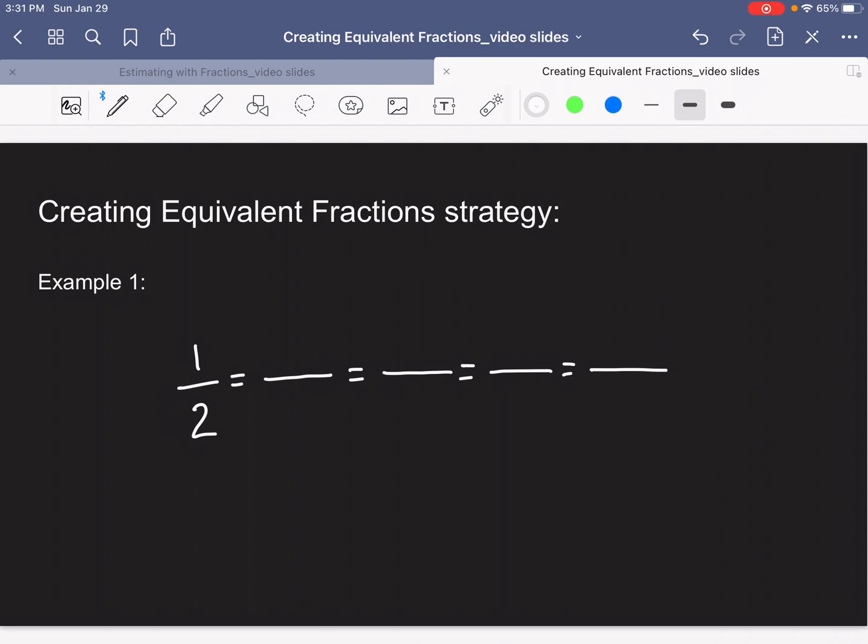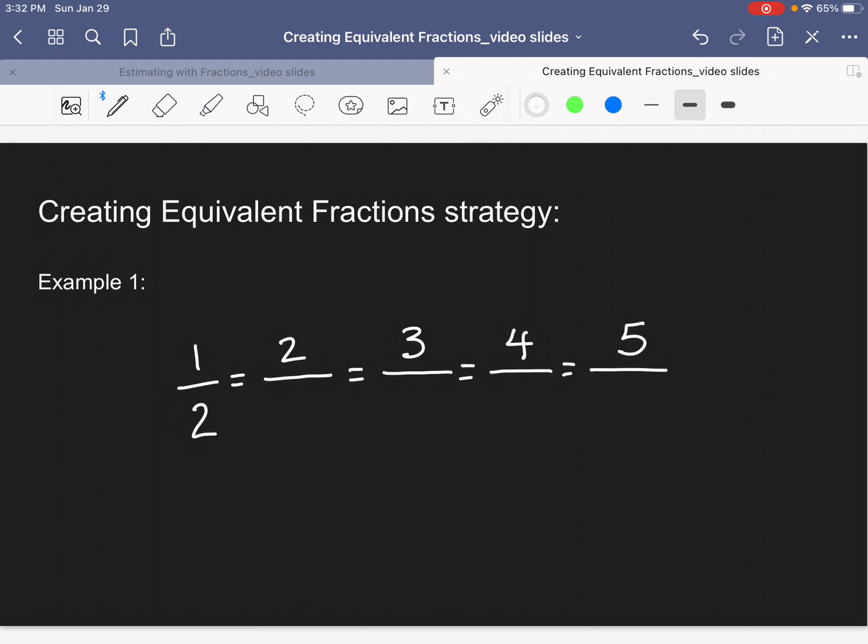So to do this, we're going to start by skip counting or multiplying by our ones. We're starting with the numerator 1. So we're just simply going to count, in this case, 1, 2, 3, 4, 5. So there are the next 4 numerators in our sequence of equivalent fractions. I'm going to do the exact same thing with the denominator 2.